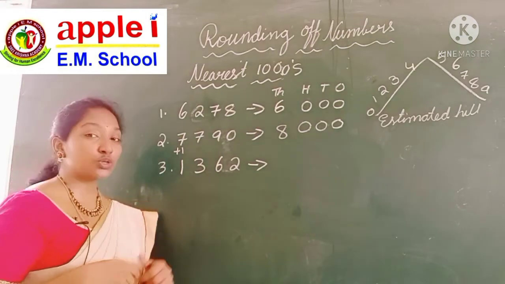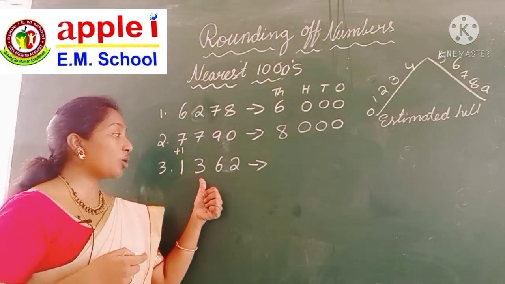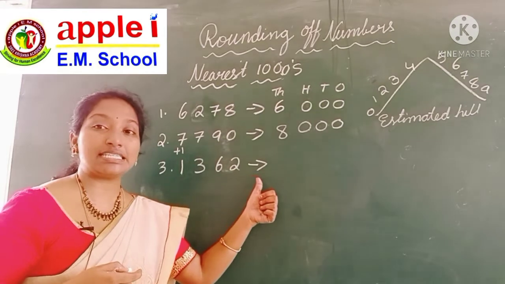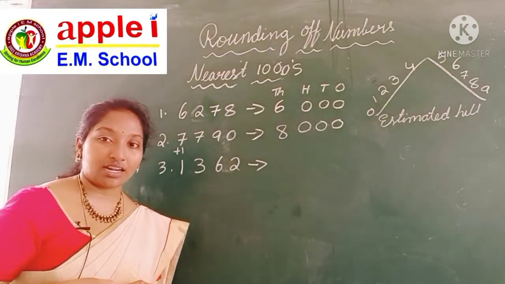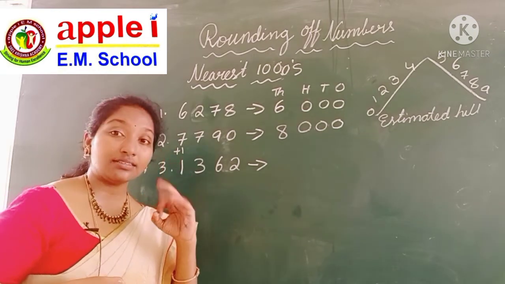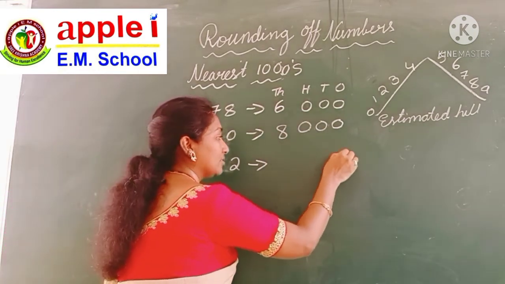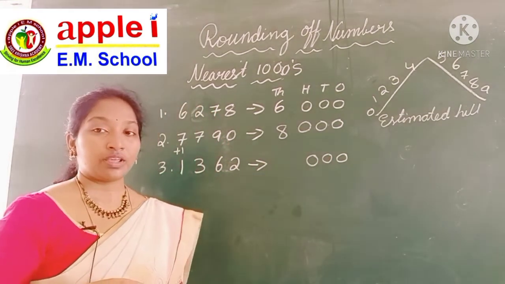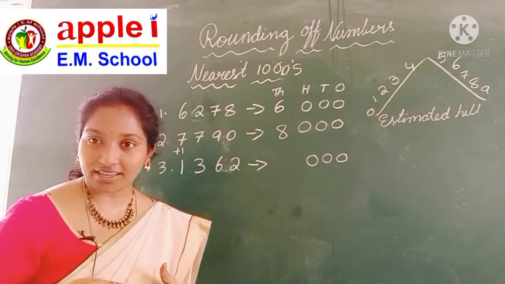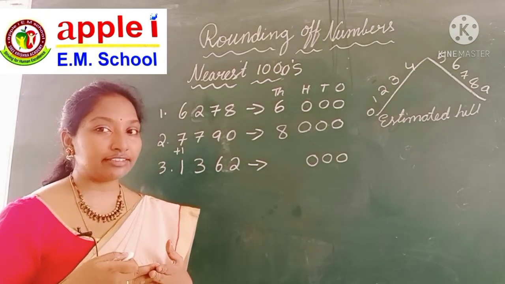And the next one, see, 1,362. Okay. So nearest thousand. 1000 has 3 zeros. So ones place 0, tens place 0, hundreds place 0. And which place we have to check? Yes, hundreds place.